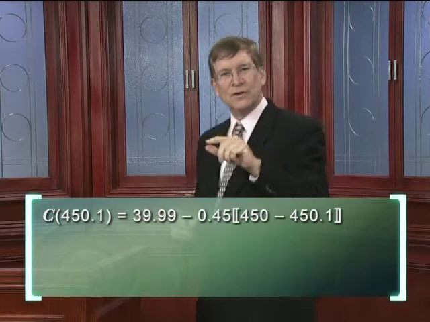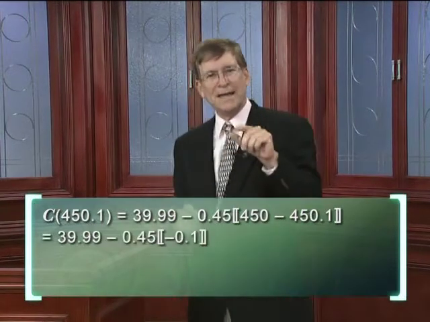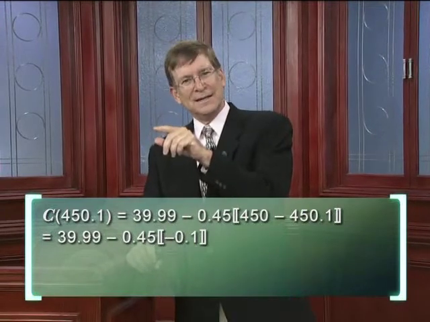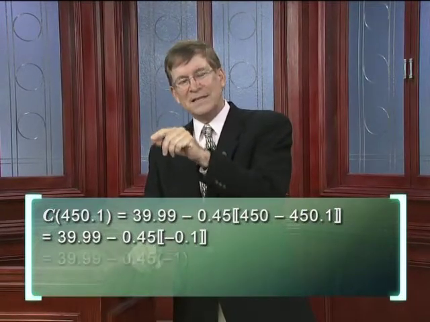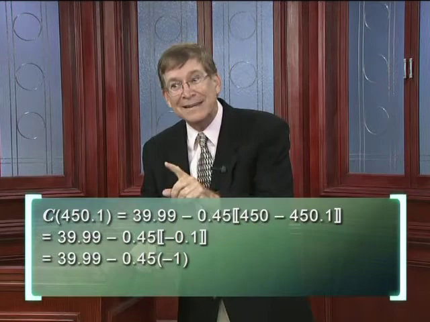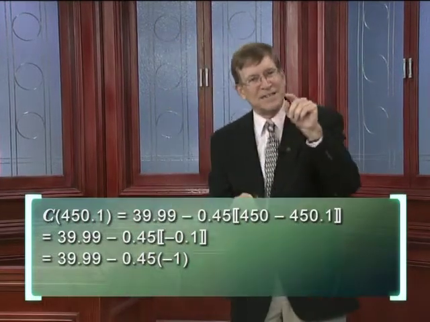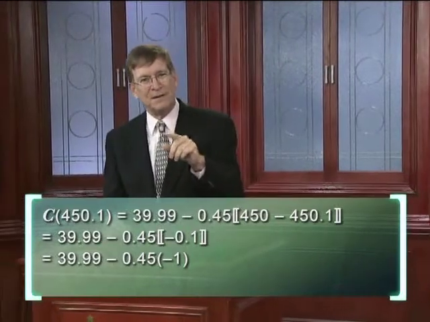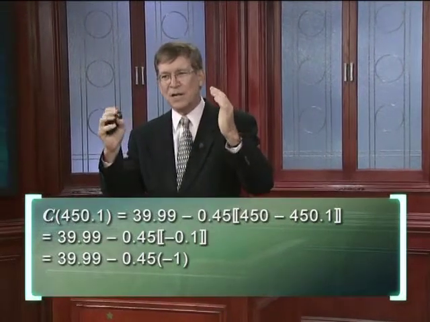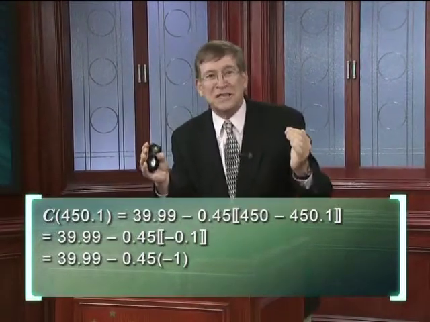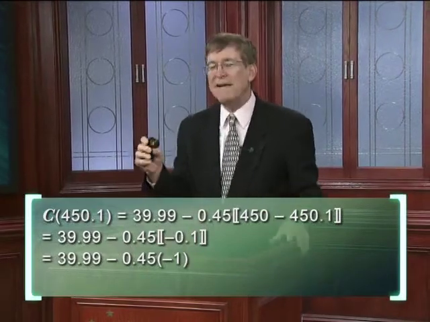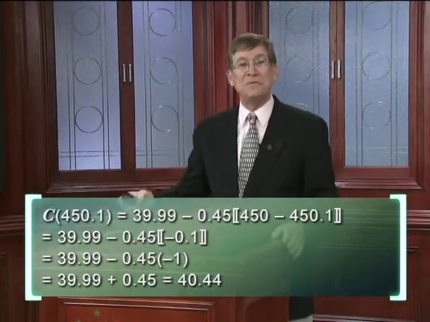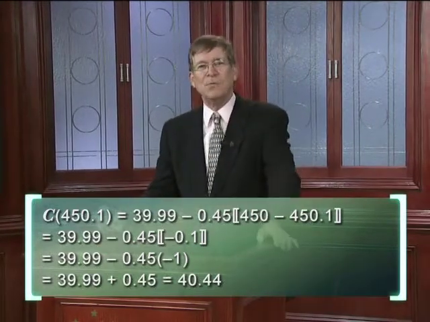450 minus 450.1 is minus 0.1. And the greatest integer of minus 0.1 is minus 1. So our equation now is 39.99 minus 0.45 times the quantity minus 1. The minus signs cancel each other, and bingo, we have the final answer, 39.99 plus 0.45, which is 40.44.